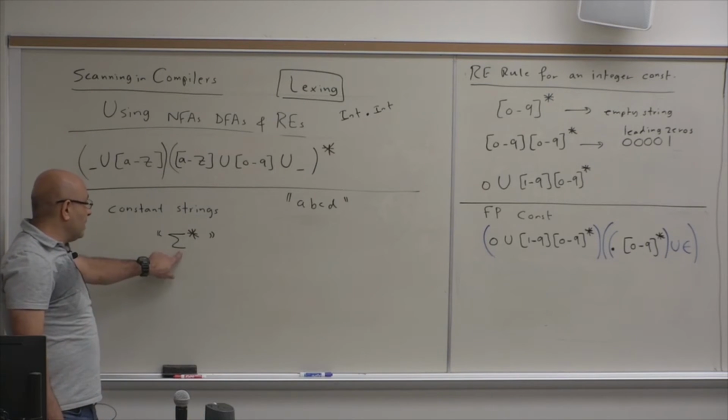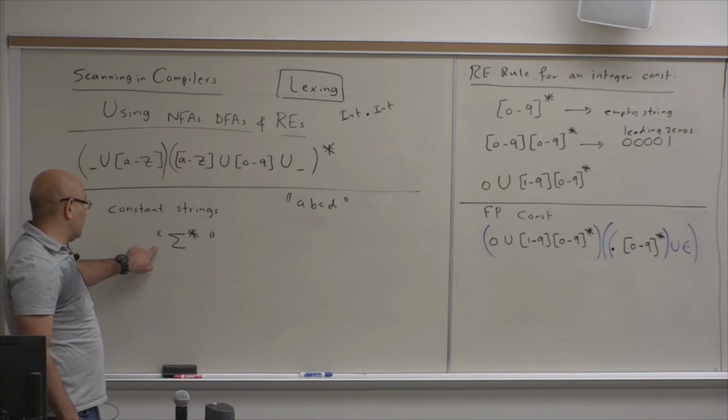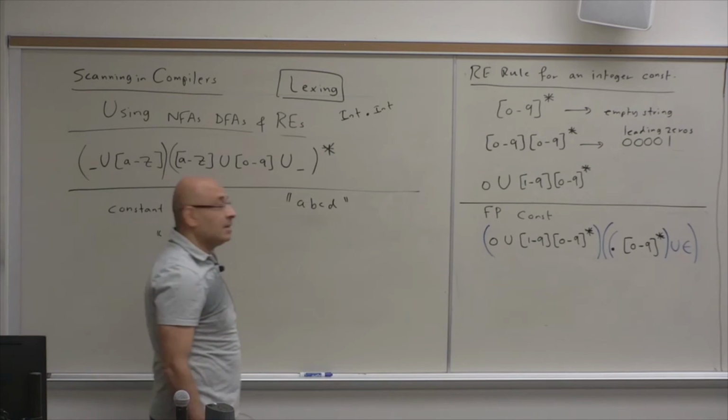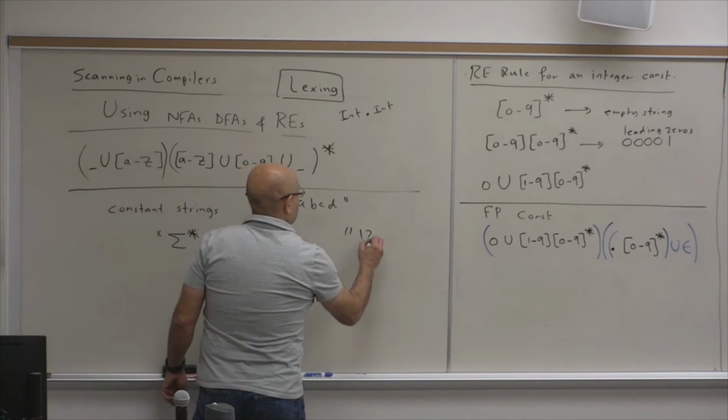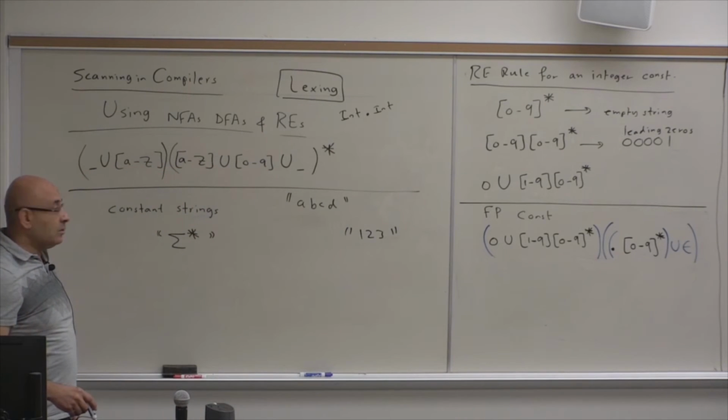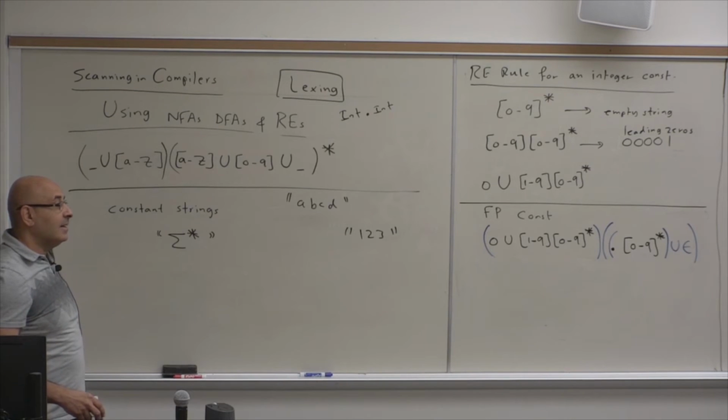But there is one thing that you cannot have between the start quote and end quote. Numbers? No, you can have numbers. Why not? So this is a valid string. You can have numbers. The only thing that you cannot have is the close quote.